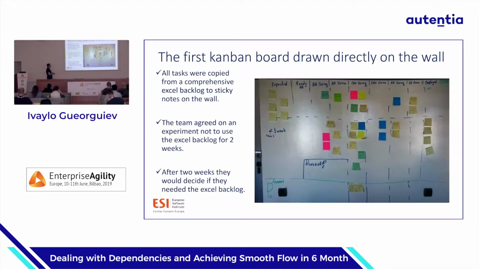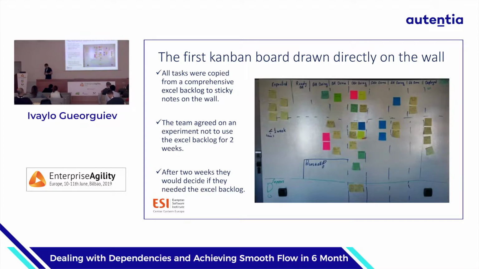So this was their first Kanban board directly on the wall. You see, these are the switches from the lights. They copied all the tasks from the comprehensive Excel backlog to sticky notes on the wall. They were afraid, actually, to abandon the Excel sheet.